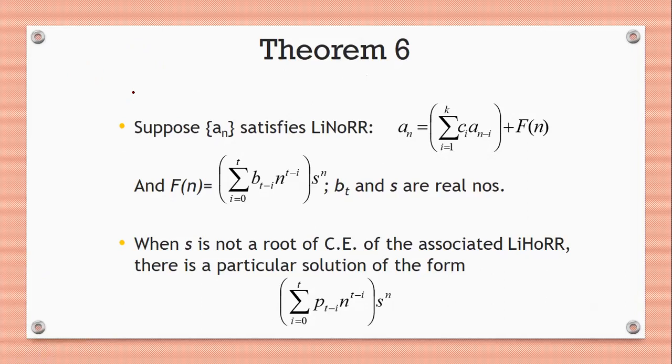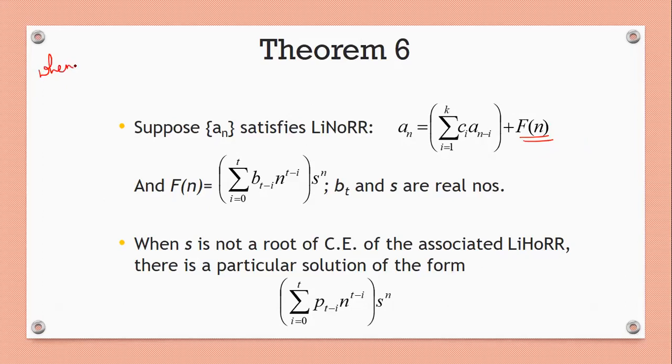So in theorem 6, f of n is either nth power of a constant, that is either 1 power n, 2 power n, anything like that, or it is a polynomial in n, 2n, 3n, 3n plus 2, n square plus 1, or it can be both, the product of the polynomial of n and the nth power of a constant. So let me just write it over here so that it is understood.